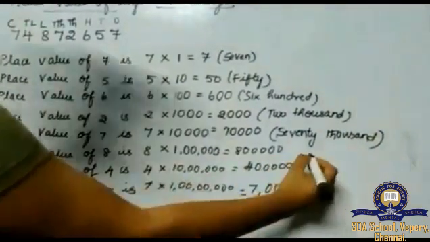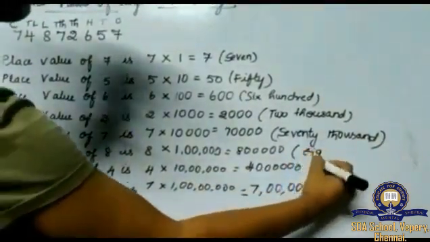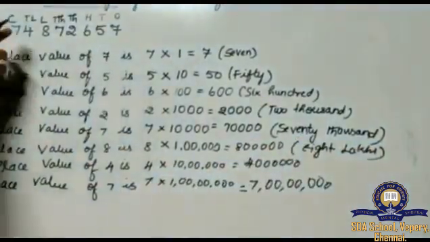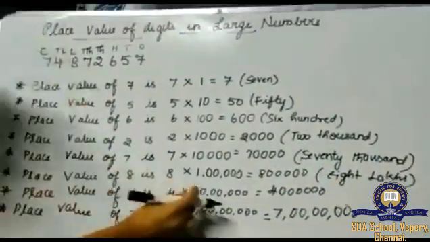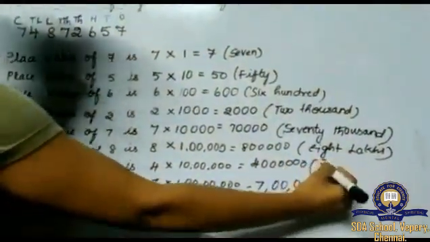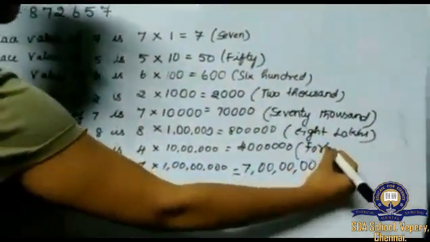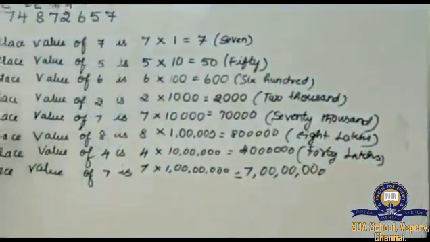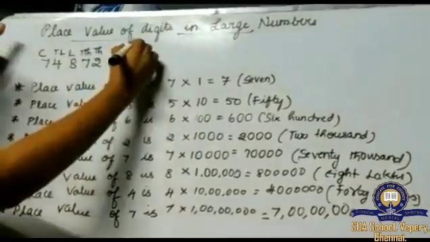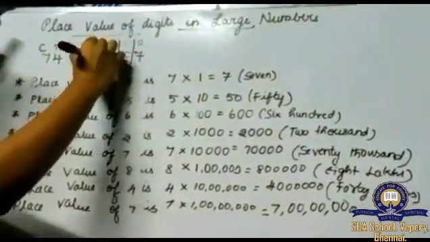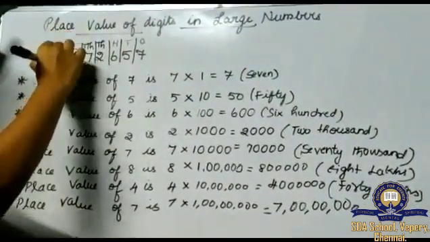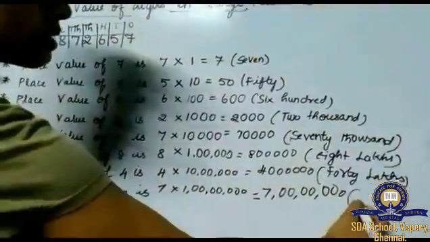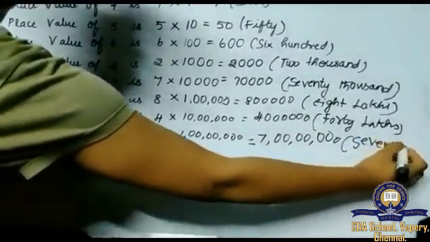And 8 is in lakhs place, so you'll be calling it as 8 lakhs. And 4 is in 10 lakhs place, so you will be calling this as 40 lakhs. Seven is in crores place. Okay. For your understanding, I'm drawing this. 7 is in crores place, and you will be writing it as 7 crores.